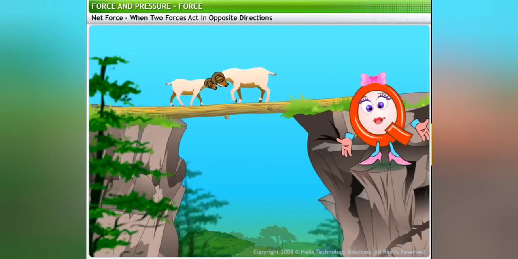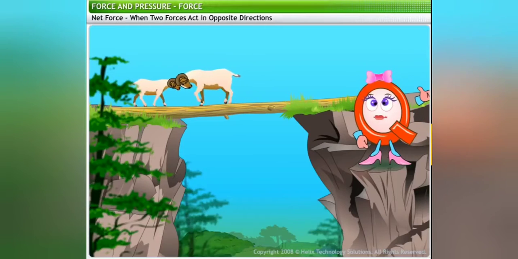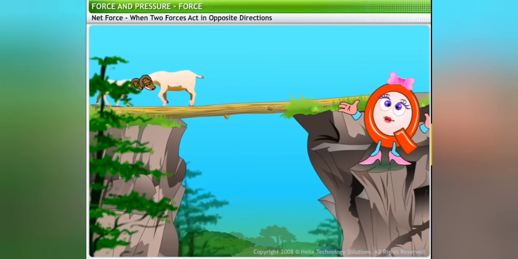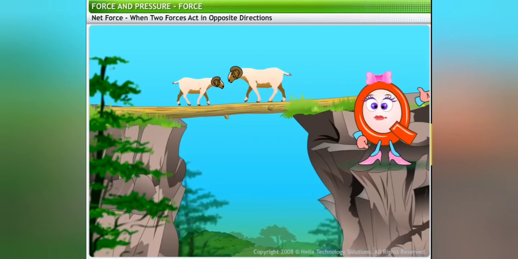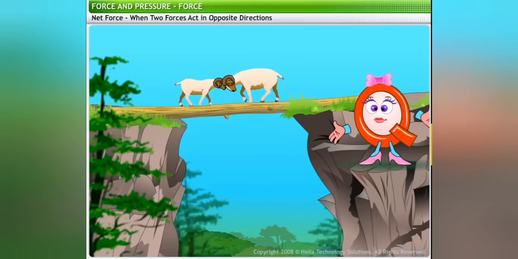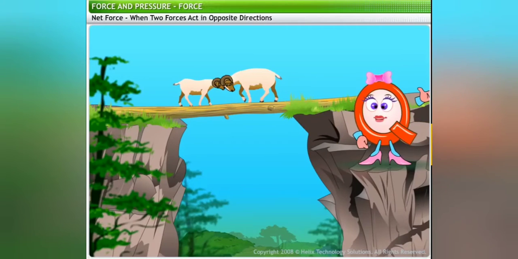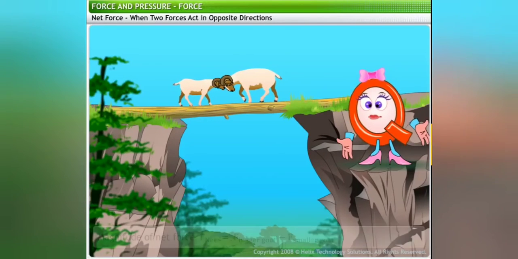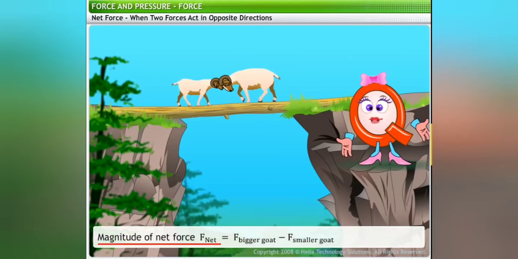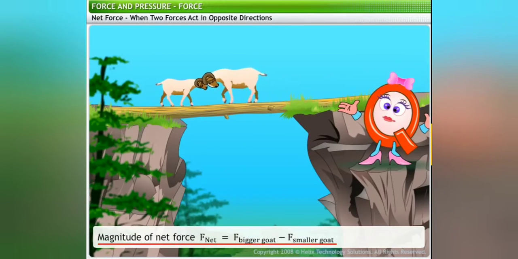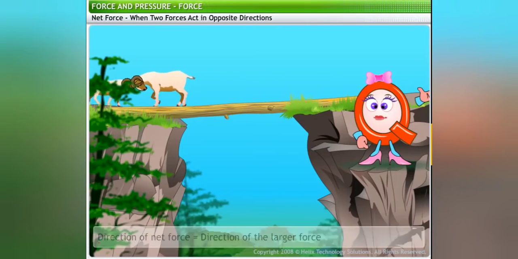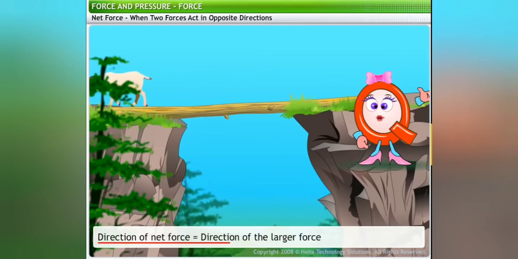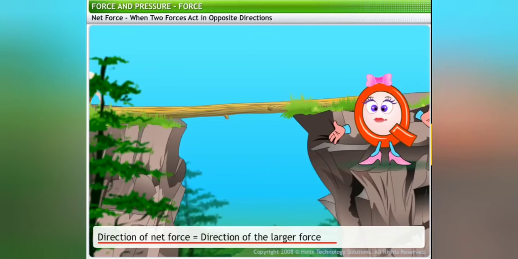However, the bigger goat kept pushing with increasing force till the other goat gave way. Here, the net force was 0 initially, as both the goats were pushing in opposite directions with equal force. When the bigger goat increased the force applied, it succeeded in moving ahead. The net force in this case acted in the direction of the individual force that was of higher magnitude.